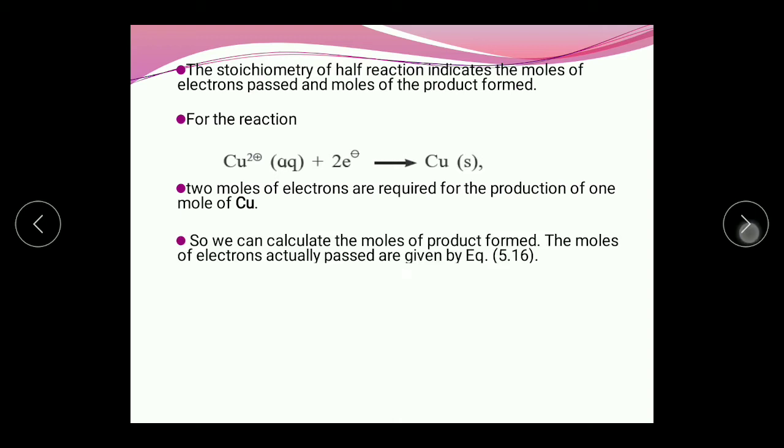Understood? Now we can calculate the moles of product formed. The moles of electrons actually passed are given by equation 5.68, that is Q equal to I into T. We are going to calculate the moles of product from the moles of electrons actually passed, and for that we require stoichiometry, as I told you.